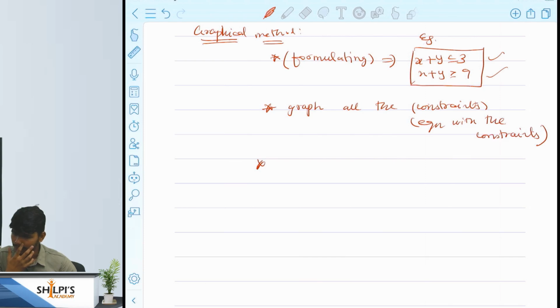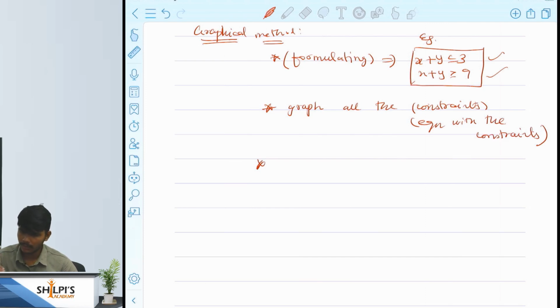The third point is identifying the feasible region and the coordinates of corner points. Mostly it is done by reading the graph, but a point can be identified by solving the simultaneous equations relating to two lines which intersect to form a point on a graph.